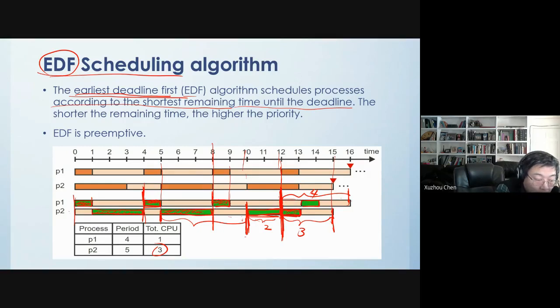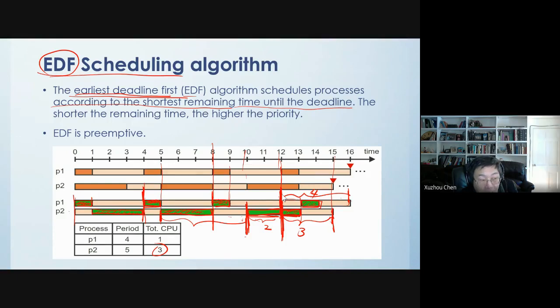And then when process 2 finishes, process 1 starts to execute. So at time 12, process 2 continues. Process 2 is not kicked out by process 1. So the priority is not based on the period. Who has a short period will have the higher priority?